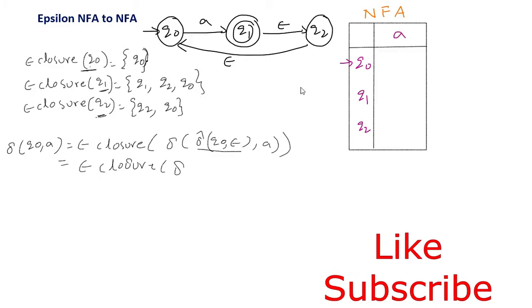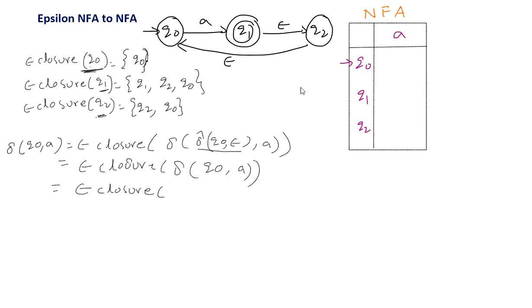Epsilon closure of Q0 we have already calculated, that is Q0, so it is replaced with Q0 on A. Now I can rewrite it as epsilon closure of Q0 on A, it is moving to the state Q1, so epsilon closure of Q1 is Q0, Q1, Q2, so I can write it as Q0, Q1, Q2 in the NFA.